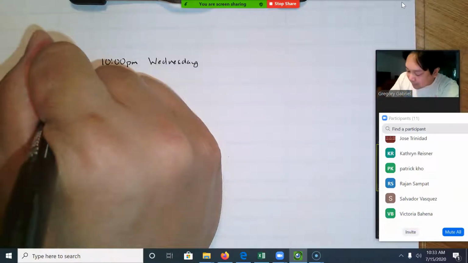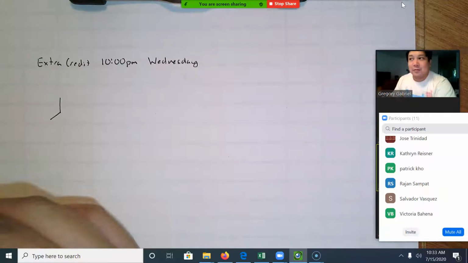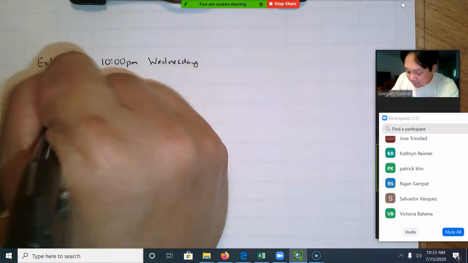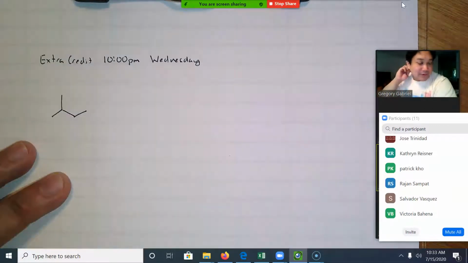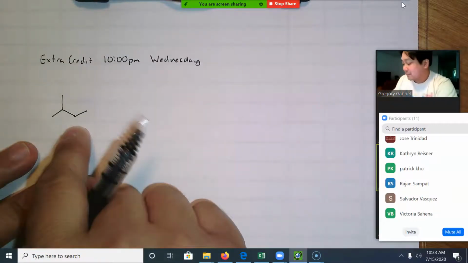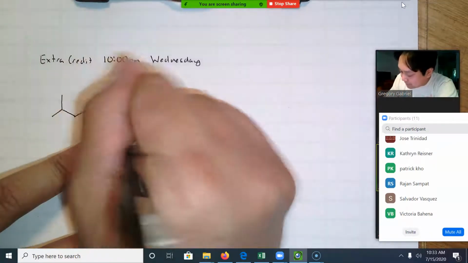Some people were having trouble with the synthesis where I actually give you all the boxes. Some of you actually skipped it. So here's the synthesis. Alkane, first box.